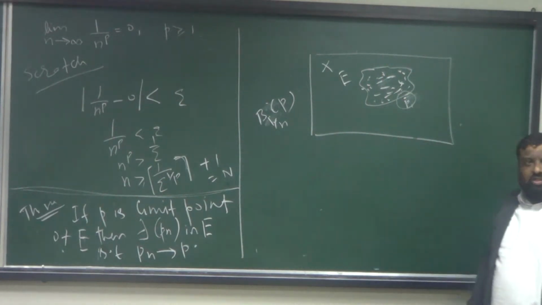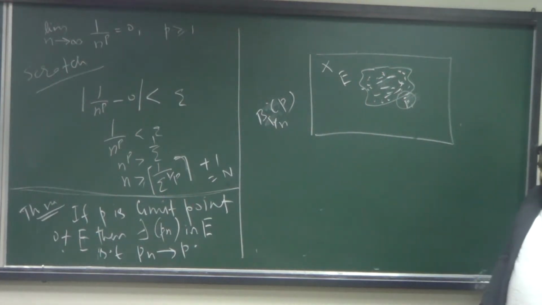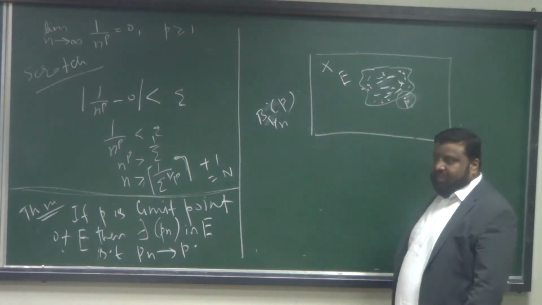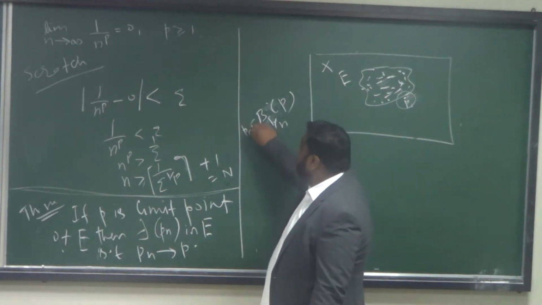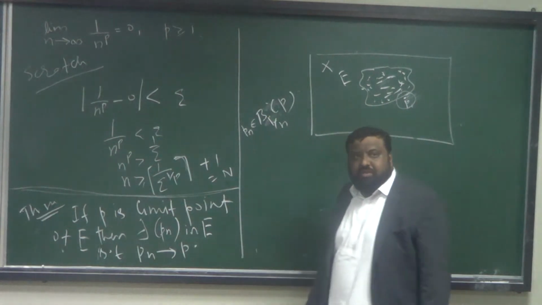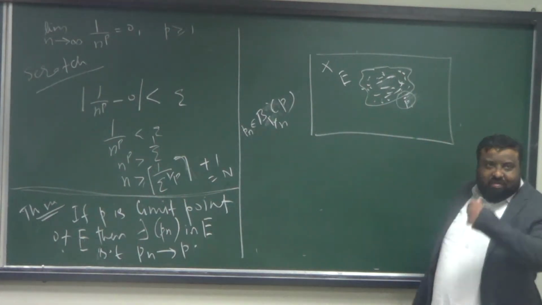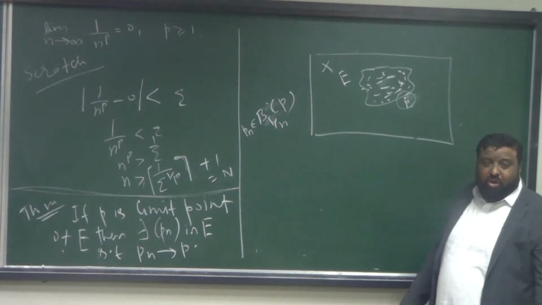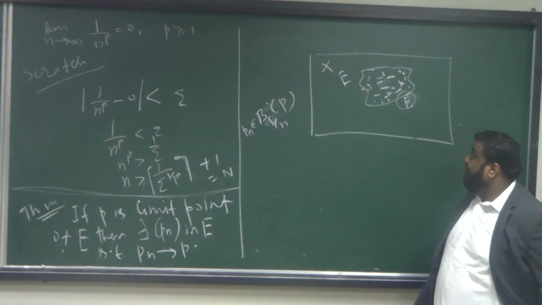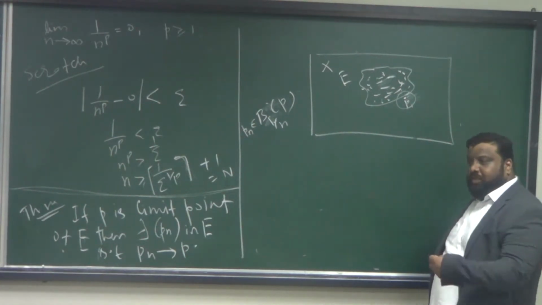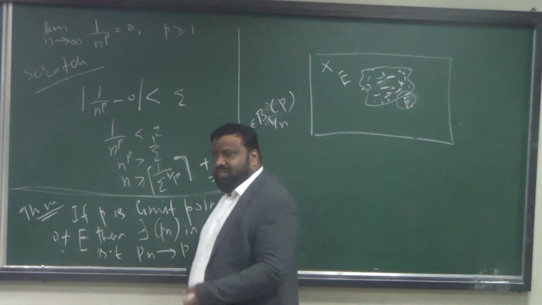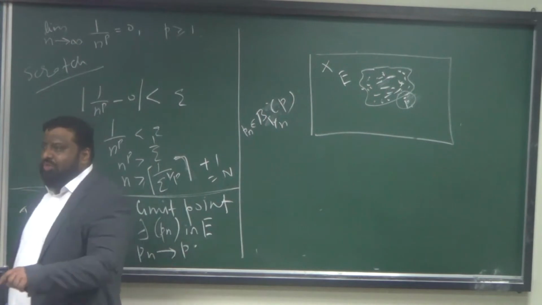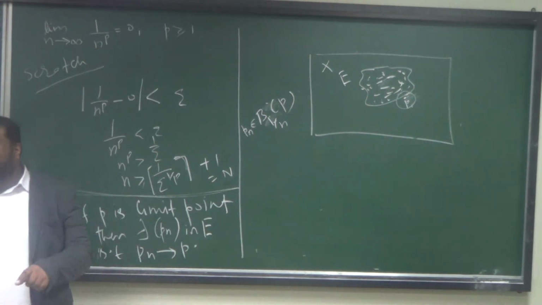So the trick is that from this intersection, take a point, for example Pn. Take n equal to 1, draw a ball of radius 1 on P, take any point from that intersection, and call it Q1. Then take n equal to 2, so draw a ball of radius 1/2.